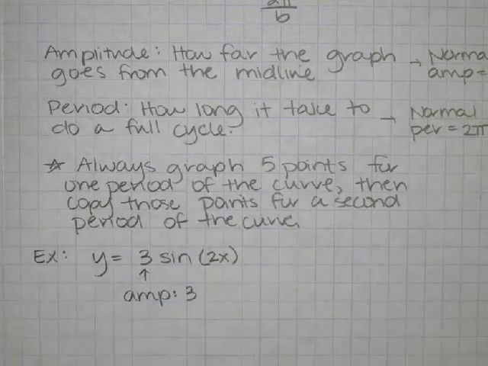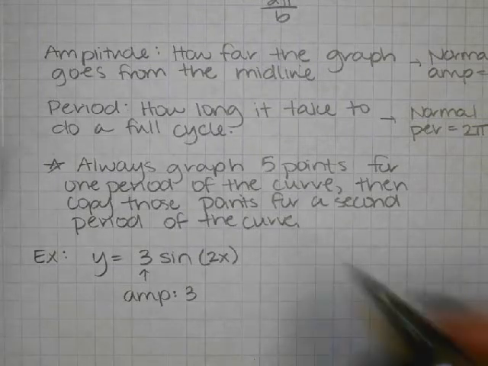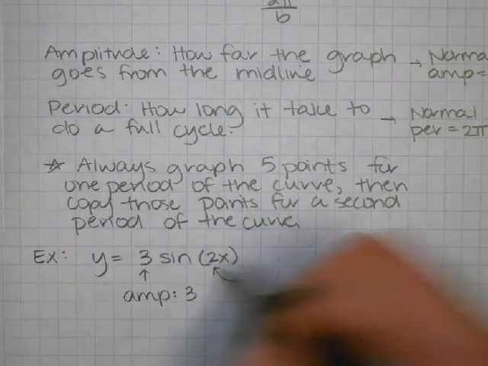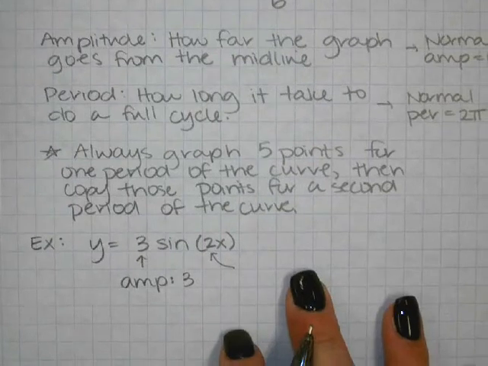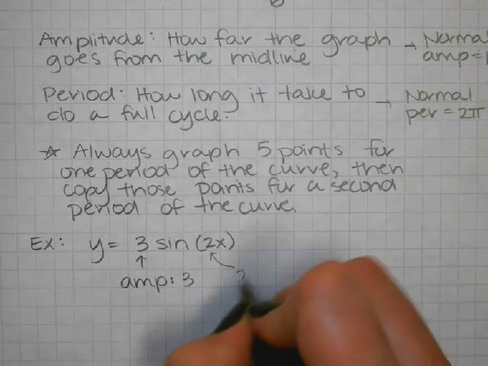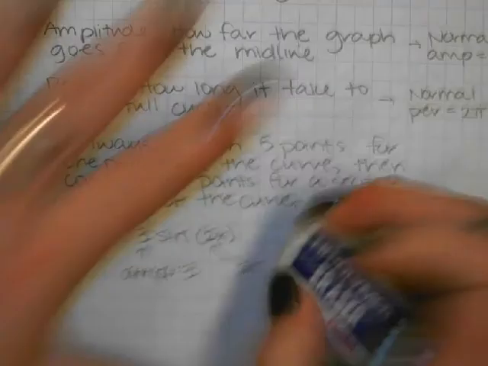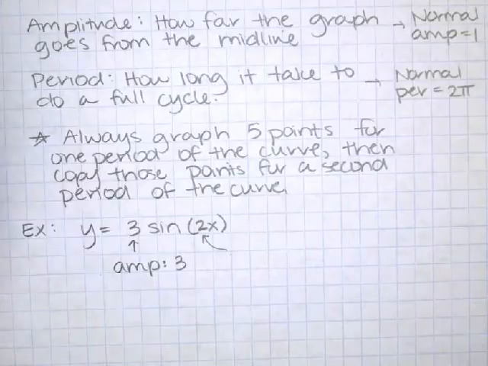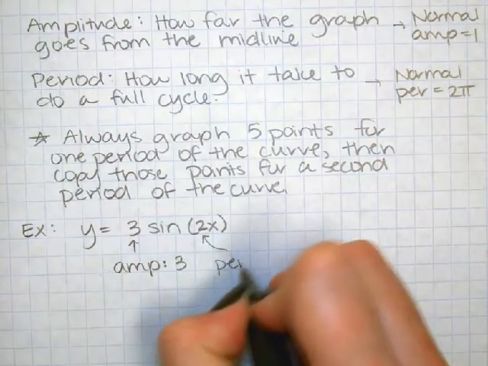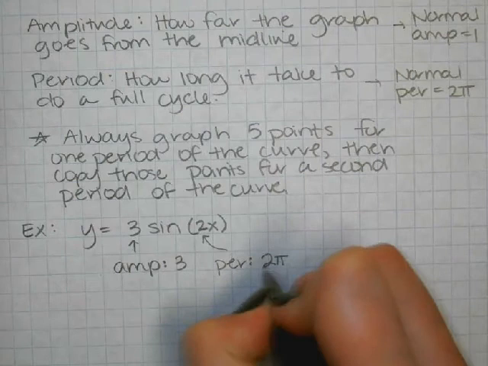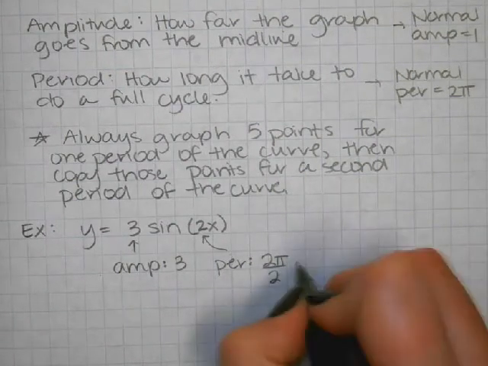And that means from the midline, it's going to go up 3 and down 3. So total, it's going to have a height of 6. Okay? And then based off of this, we can go ahead and calculate what the period of the graph would be. And it would be 2 pi, hold on, let me write period. It'd be 2 pi divided by b, which is 2 pi divided by 2, and that's just pi. Okay?